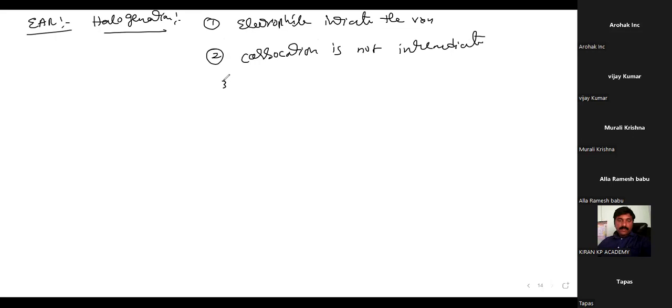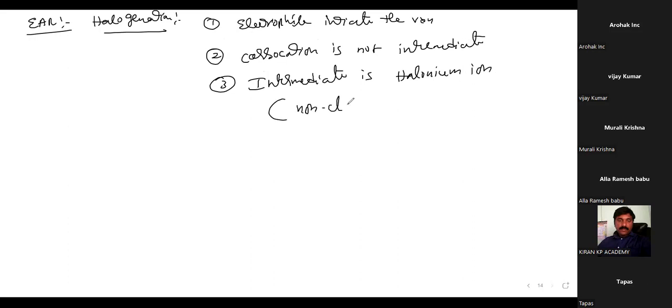Sir, if carbocation is not the intermediate, what is it then? The intermediate is a halonium ion. We call this a non-classical carbocation. You will understand better when I get into the equation.